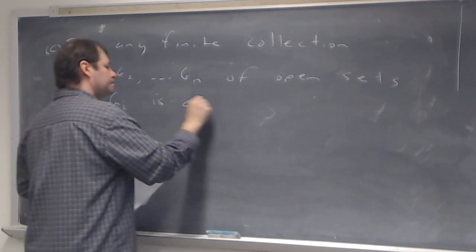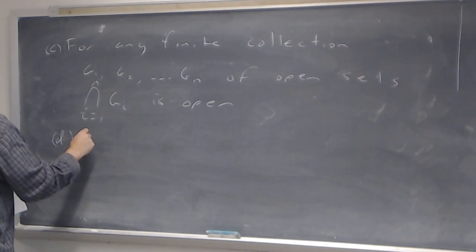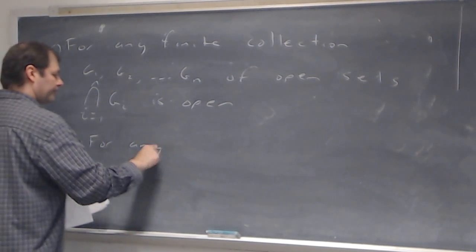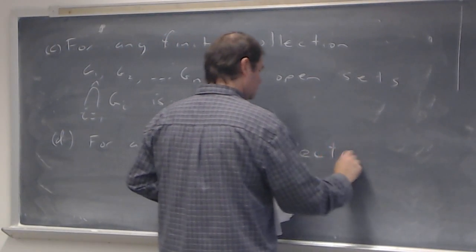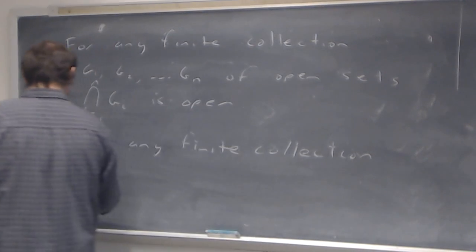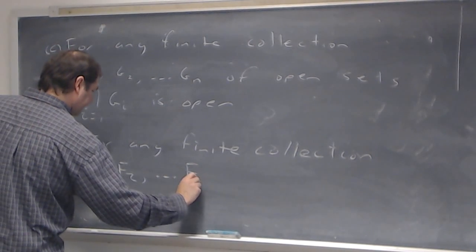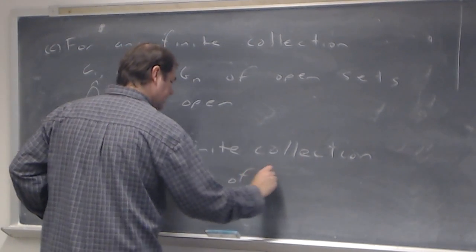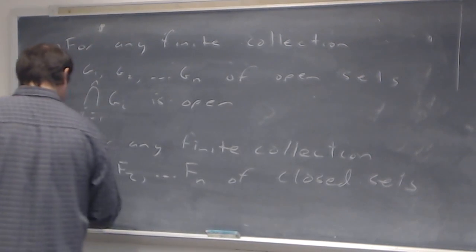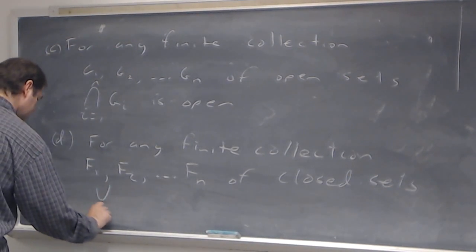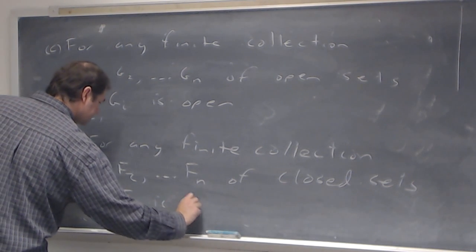That's going to be open. And finally, part B, for any finite collection, let's say F1, F2, up to Fn of closed sets, then their union is closed.